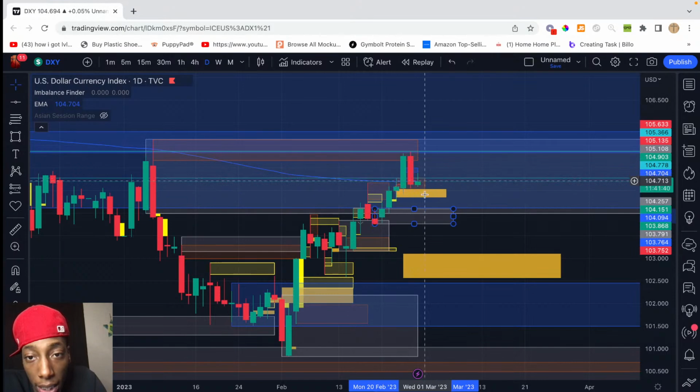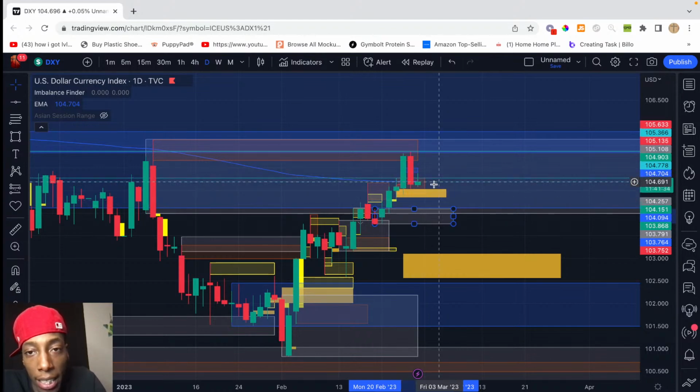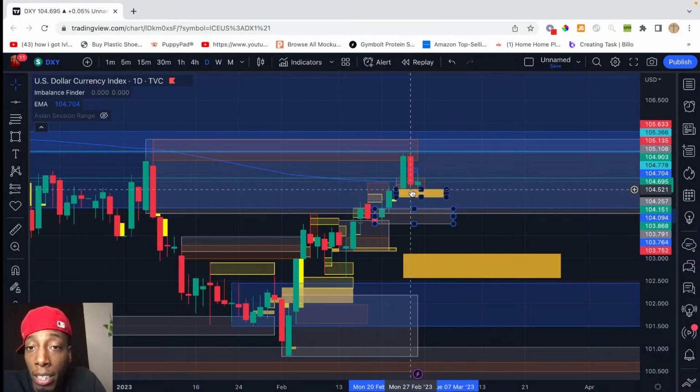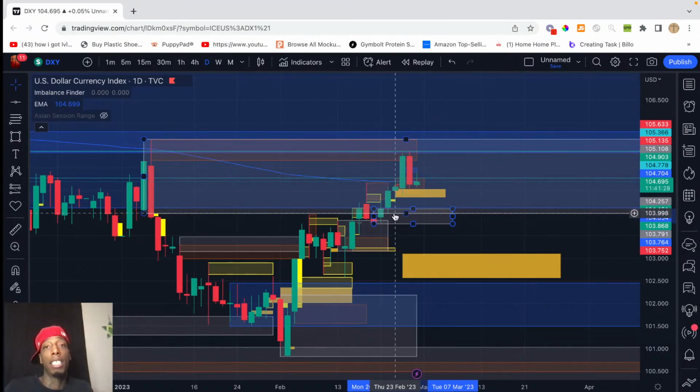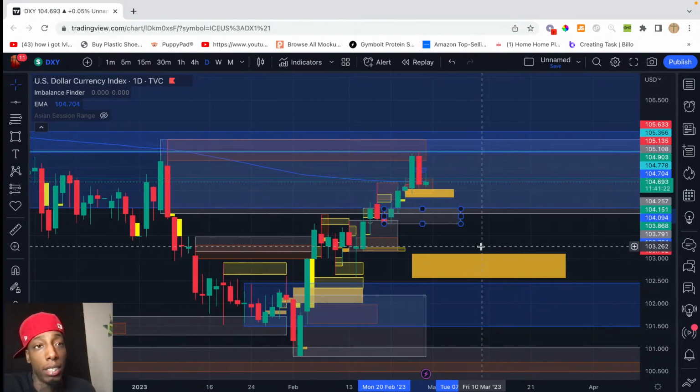So it looks like it's coming towards this gap. It's all types of confluences right now. It could bounce off this area and continue up, or it could continue to go down. We'll find out soon. You gotta let the market play its hand first, and then you get into the market second.